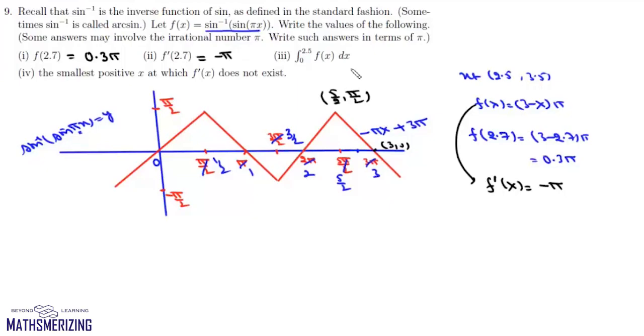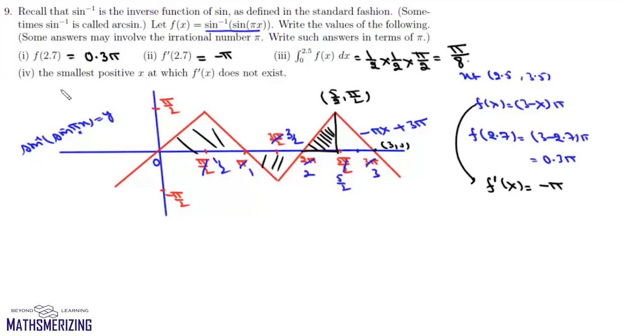Now we need to find the value of this integral from 0 to 2.5 of f(x) dx. Now from symmetry, these two integrals will cancel out. The only integral value that we'll have is this triangular region, which is 1 by 2 into 1 by 2 into its height pi by 2, so it'll be simply pi by 8.